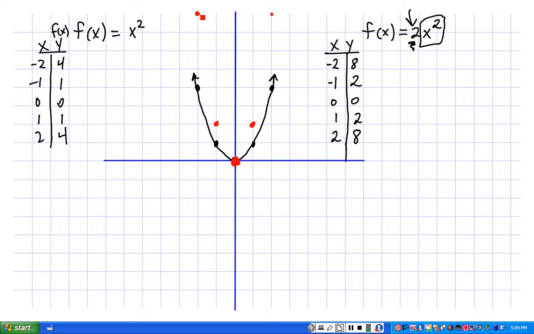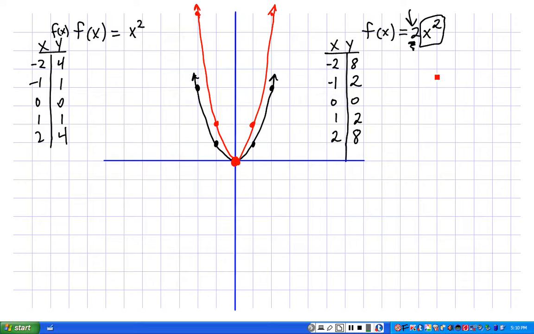So now the graph looks like that. Okay. Alright, so the fact that we've multiplied our parent function by a constant that's greater than 1.